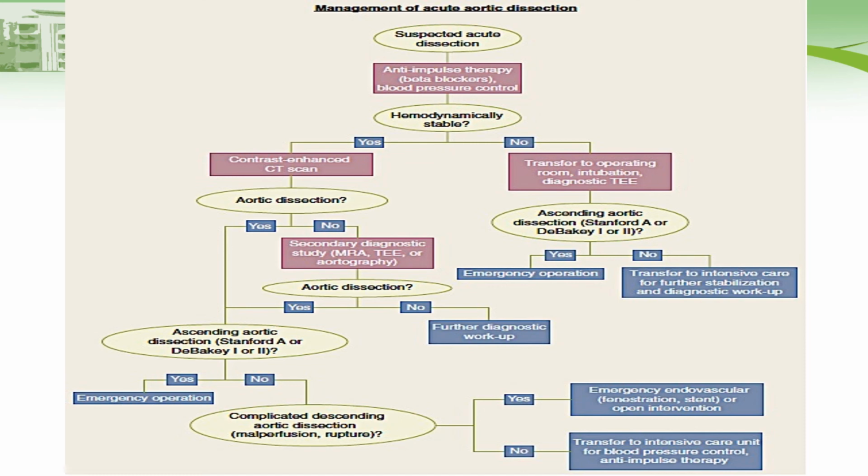If the ascending aortic dissection is the DeBakey 1 or the DeBakey 2 or Stanford A, then do the emergency surgery. If not, then we can delay the surgery at a later time and then monitor the patient first. Do a diagnostic workup.